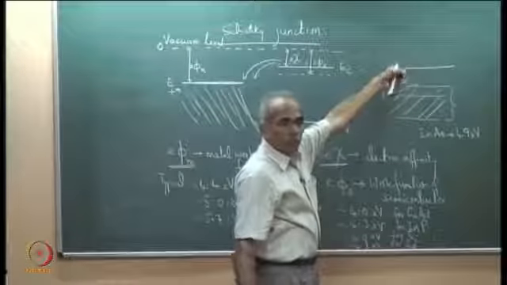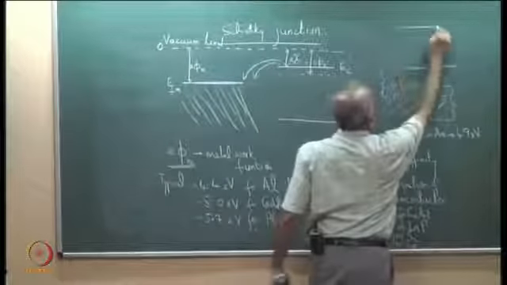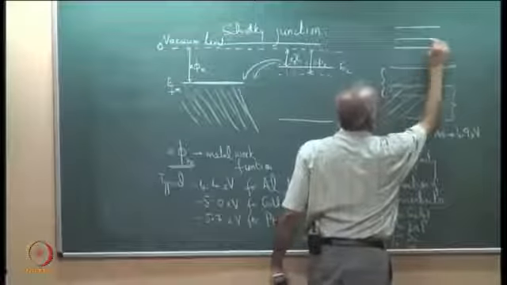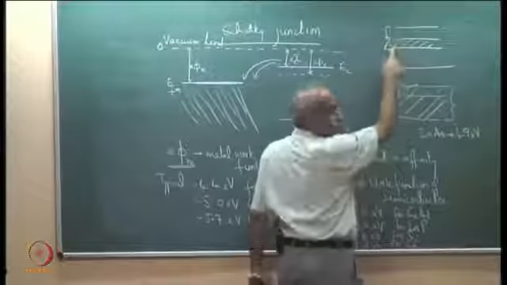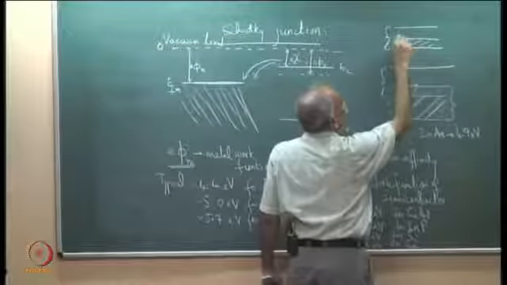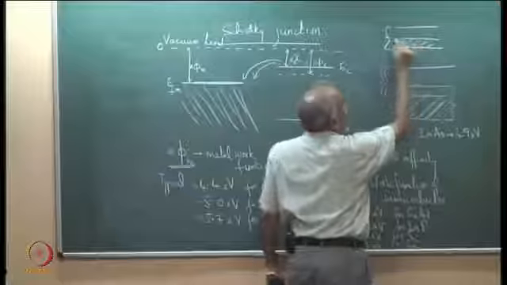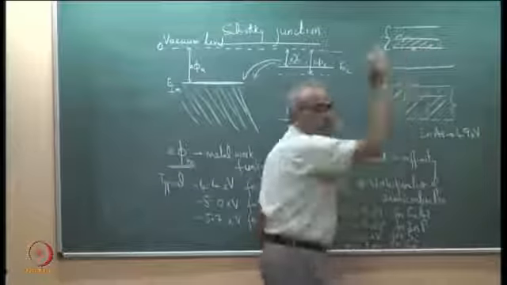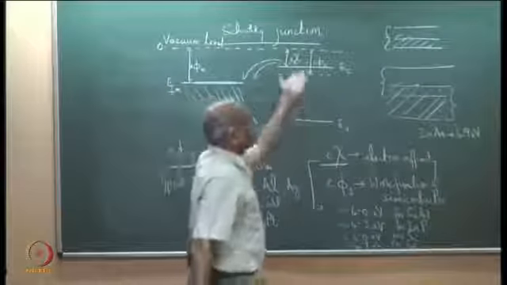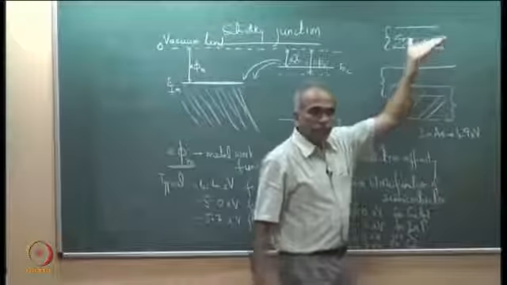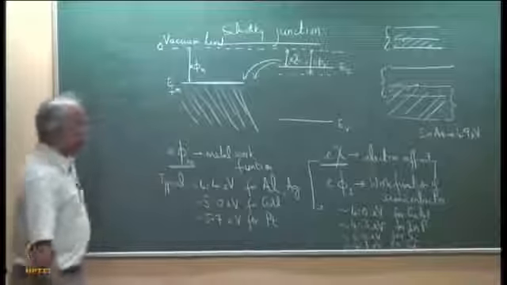Or you could also have only a half filled band, which means the same. This is completely full, and these are all empty. The electrons can easily go to the empty state and move. With a small application of potential, they can immediately move. That is why the conductivity is very high.